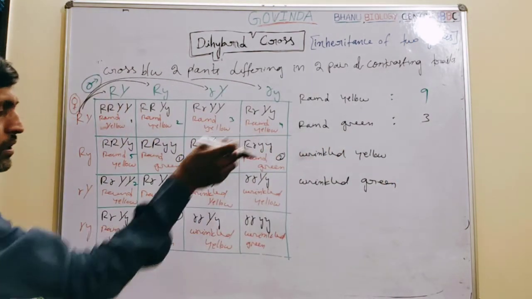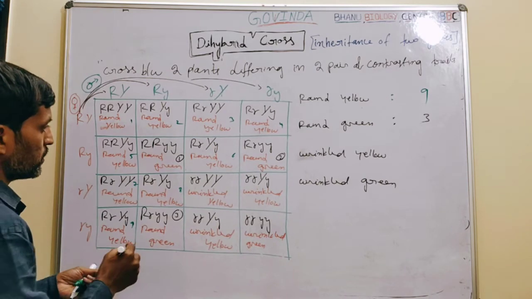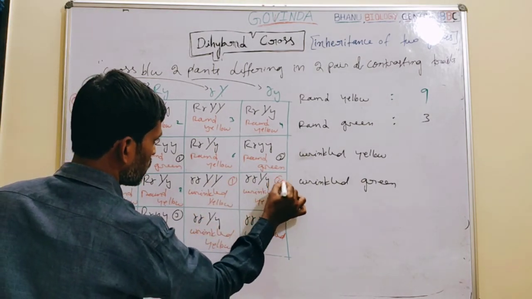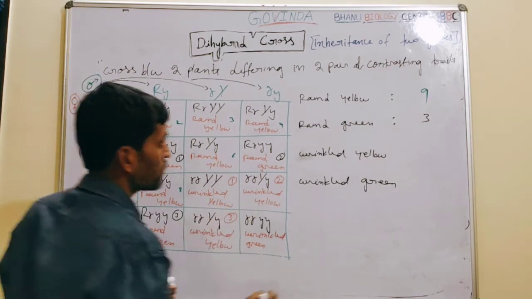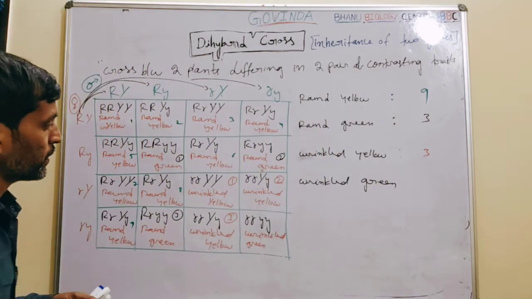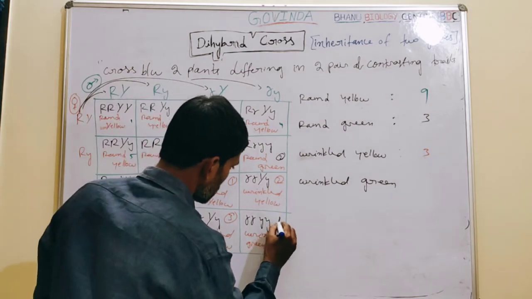Next come to wrinkled yellow plants. Wrinkled yellow, here is 1, here wrinkled yellow second, then here wrinkled yellow 3. And again 3 plants were produced. Finally wrinkled green, only one remains.